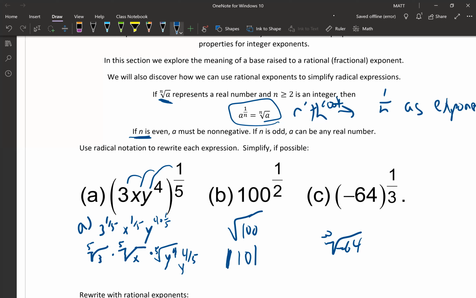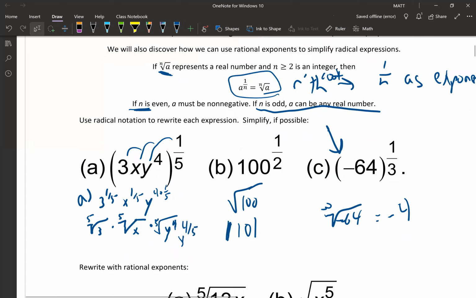So we just need negative 4. And since this is an odd root, it can be any real number. It doesn't have to be only positive. Okay. So we'll move on.